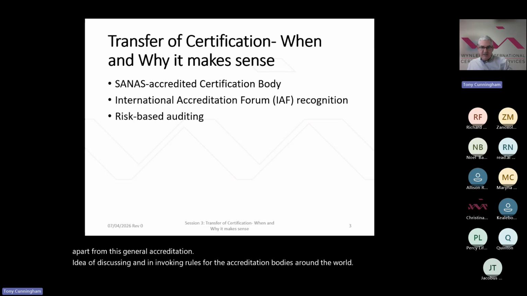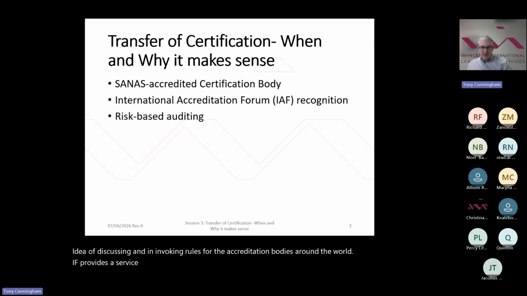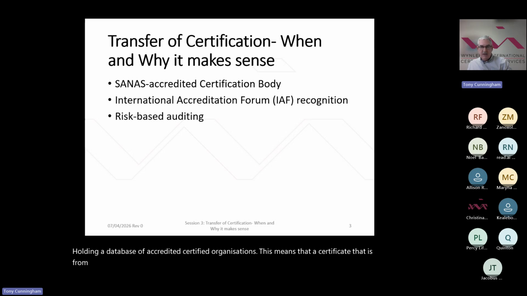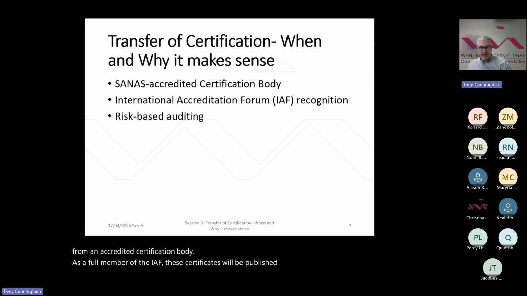IAF provides a service called IAF Search, which is a global website holding a database of accredited certified organizations. This means that a certificate from an accredited certification body that is a full member of the IAF will be published on this IAF Search database.